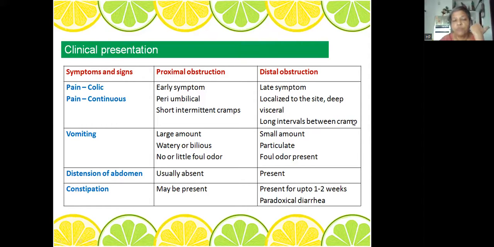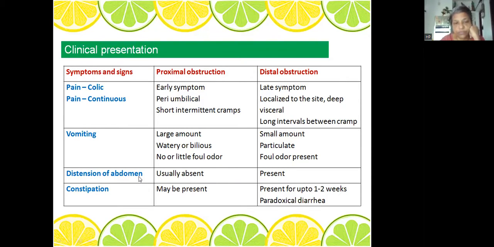Now vomiting. In proximal obstruction, usually a large amount of vomiting will be there, which can be watery and bilious, with no or little foul odor. In distal obstruction, the vomiting will be of small amount, and a foul odor may be present.